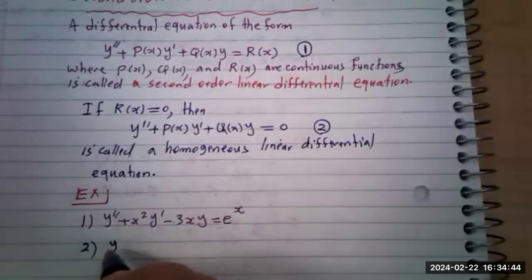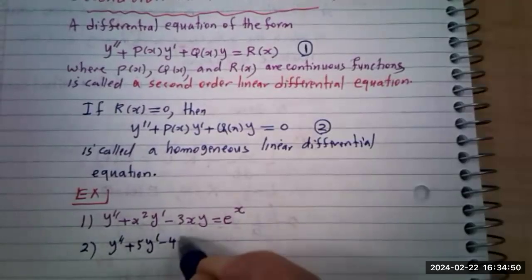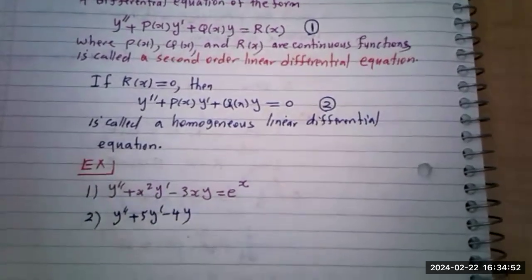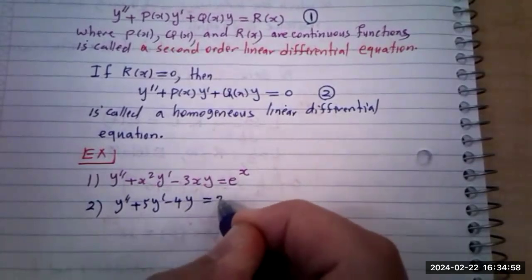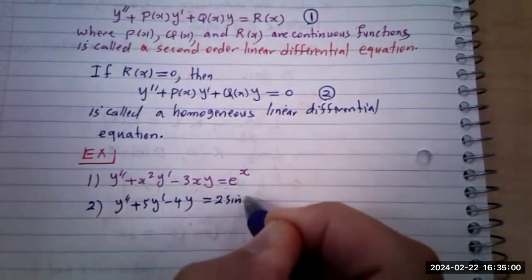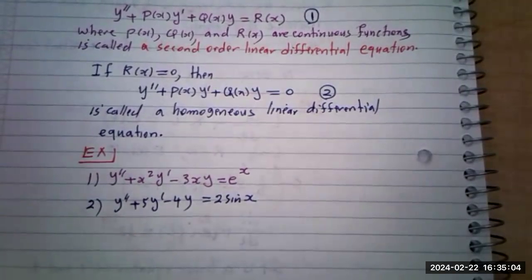The second one: y double prime plus 5y prime minus 4y equal to 2 sine x. What is special about this one if you compare it with the first one? No x's on the left side.